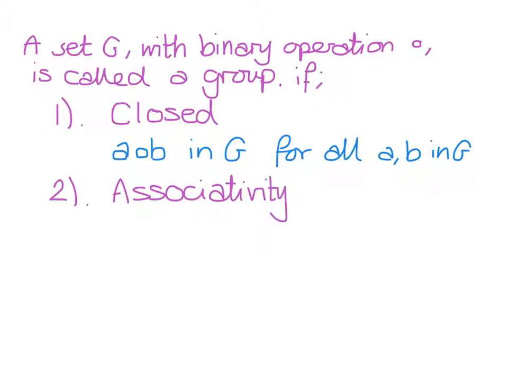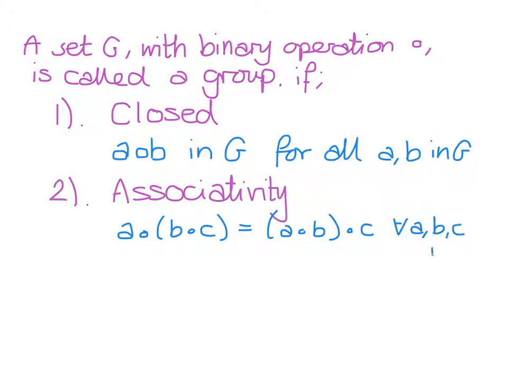The set must be associative, so as before, A dot B dot C has to equal A dot B dot C for all A, B and C in G. And that's what this notation here symbolises, for all.